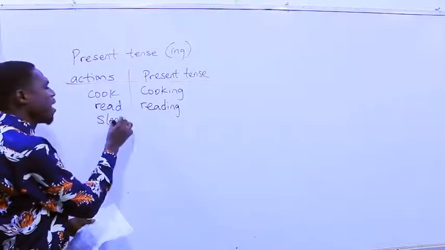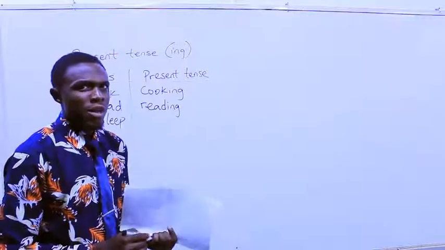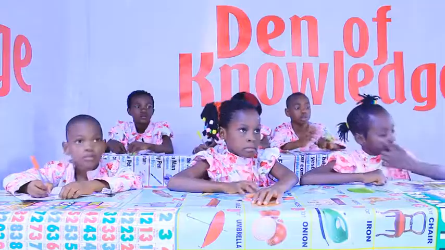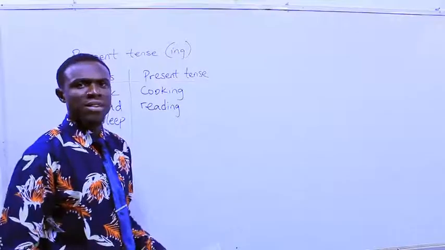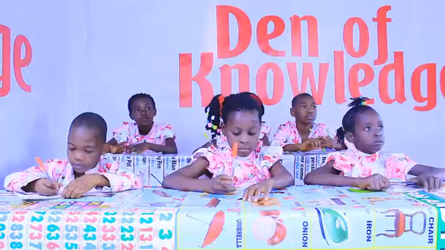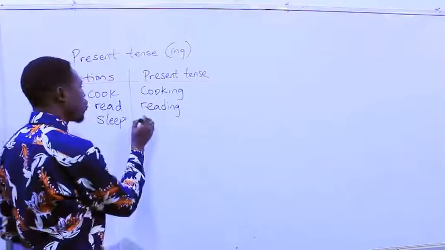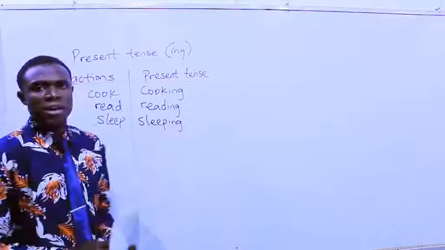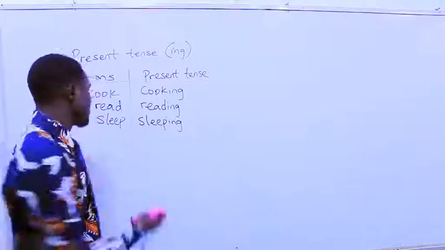Oh my God, I hope you can sleep. So if you can sleep, when we want to change it to present tense, what do we do? We don't stress ourselves, we just put it ing. It becomes what? Sleeping. That's very simple.